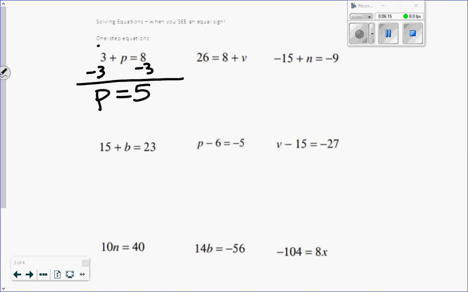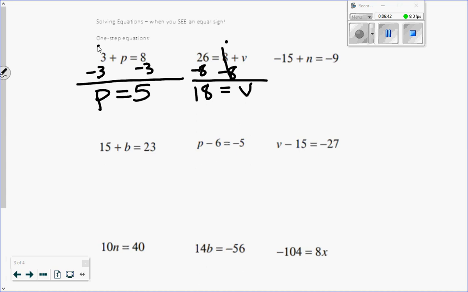Here, the 8 plus v, we need to move the 8. So we'll subtract 8. So v equals 26 minus 8, which is 18. Now this third one has a negative 15 next to the variable.